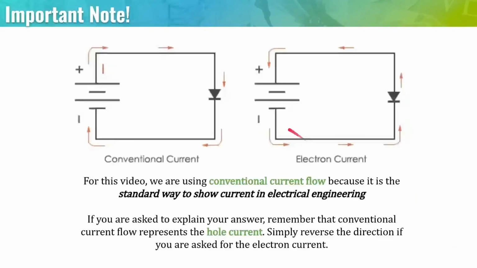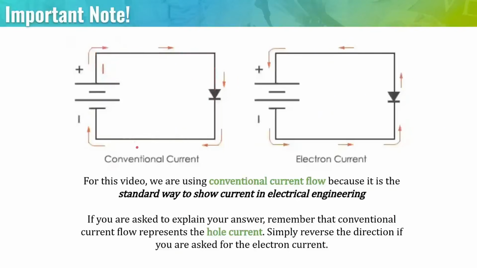An important note before we start: we are using the conventional current flow because it is the standard way to show current in electrical engineering. Textbooks may differ on their preferred way of showing the current, but for this video, to keep things simple, we're making it go from positive to negative. As you can see, we're going to match the directions of the diode.